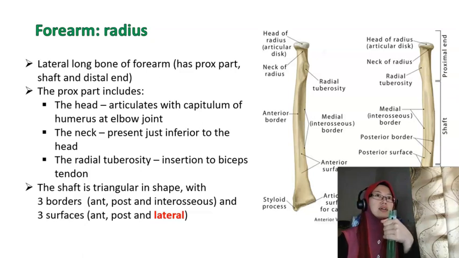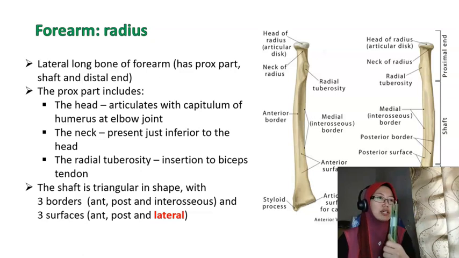Just inferior to the neck is the radial tuberosity. It is where the biceps tendon inserts. So when you have the bone and you can identify the radial tuberosity, that means this is the anterior part of the radius.